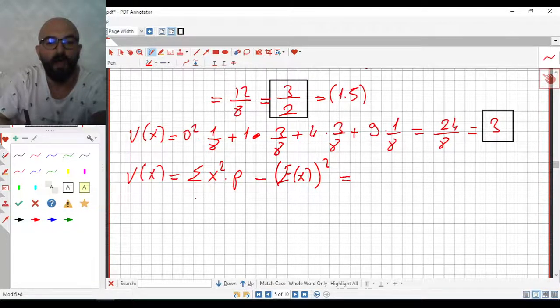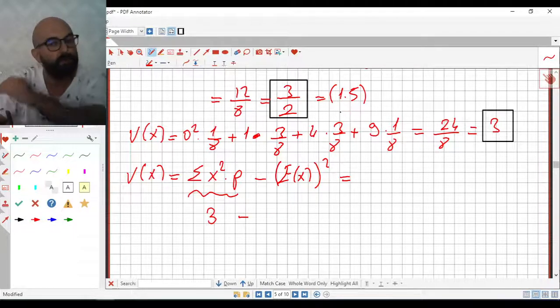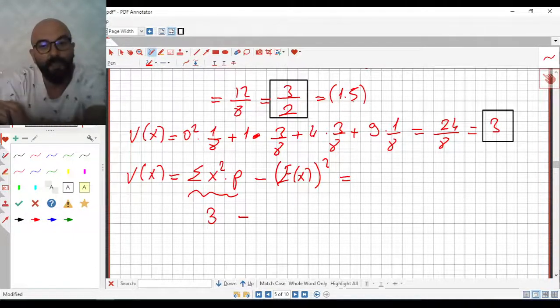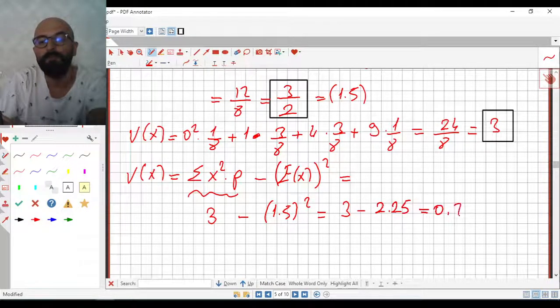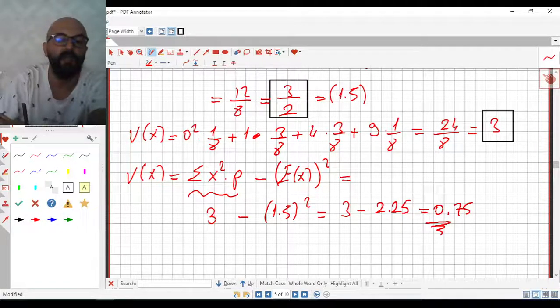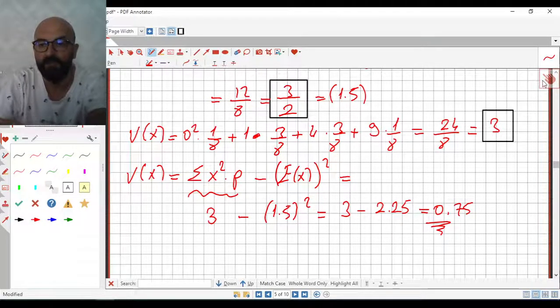So I had worked out this process, it's 3, but I should have subtracted 1.5 square. So 3 minus 2.25 is 0.75.